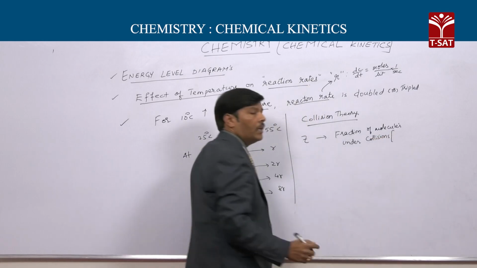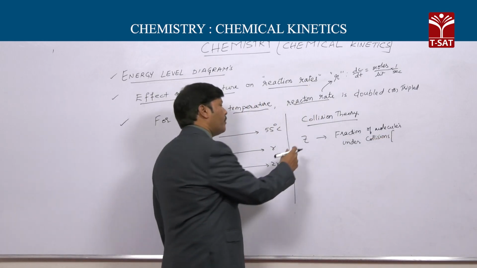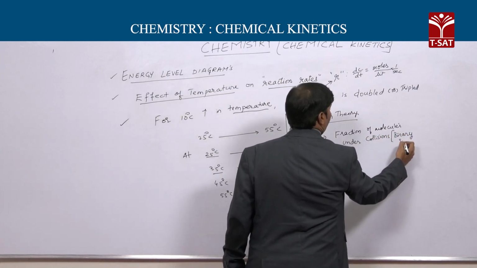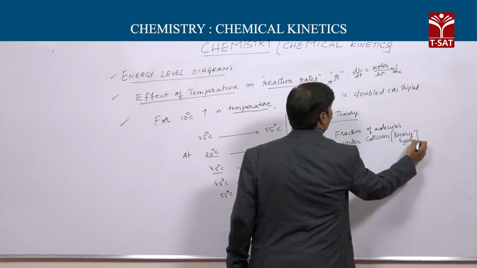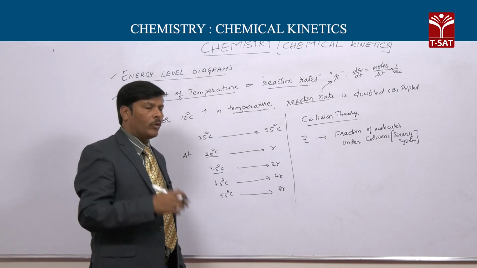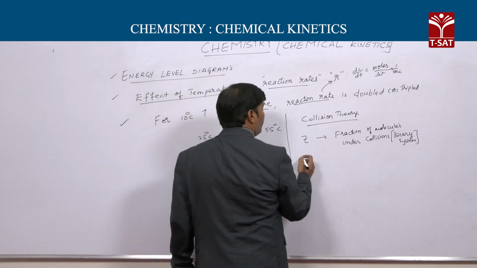That is particularly for binary molecules. This Z is applicable only for a binary system, that means 2 molecules involved. Z is the fraction of molecules under collisions. This is one point which you have to remember.